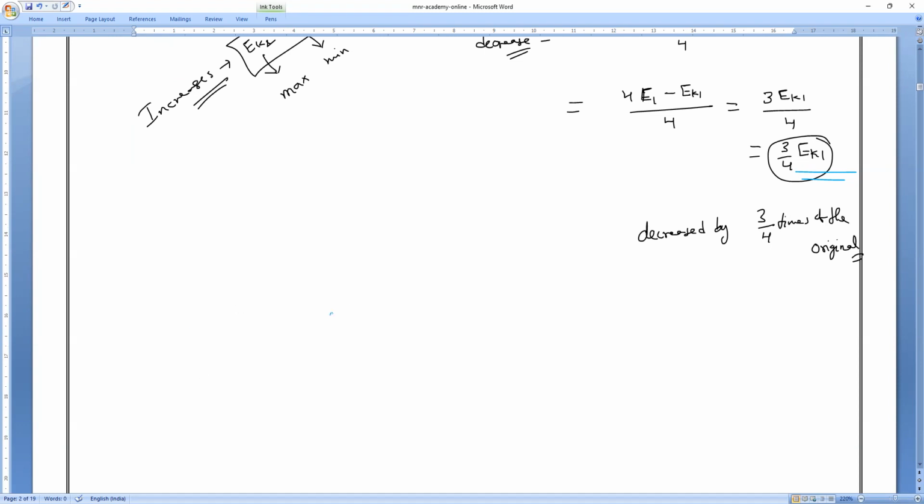So there is a car and there is a bus. Both are moving with the same velocity, 40 meter per second.